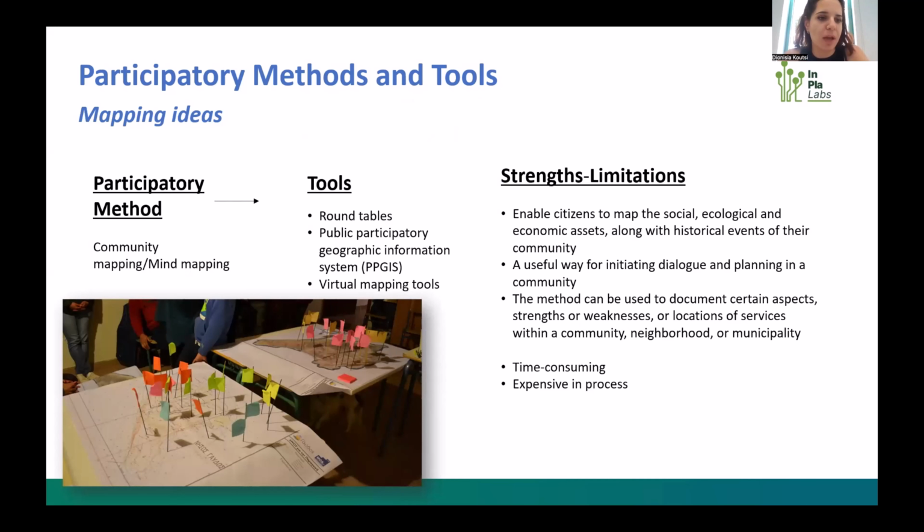Now, we have community mapping, which is the collective way of mapping the needs, the strengths, the expectations, the limitations, and everything that can have a spatial dimension. The tools that are used are public roundtables, where we can gather a group of stakeholders around the map and have round discussions.